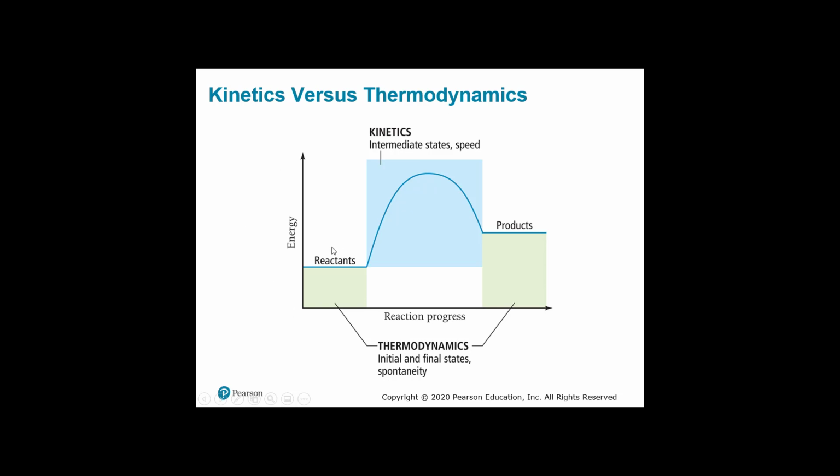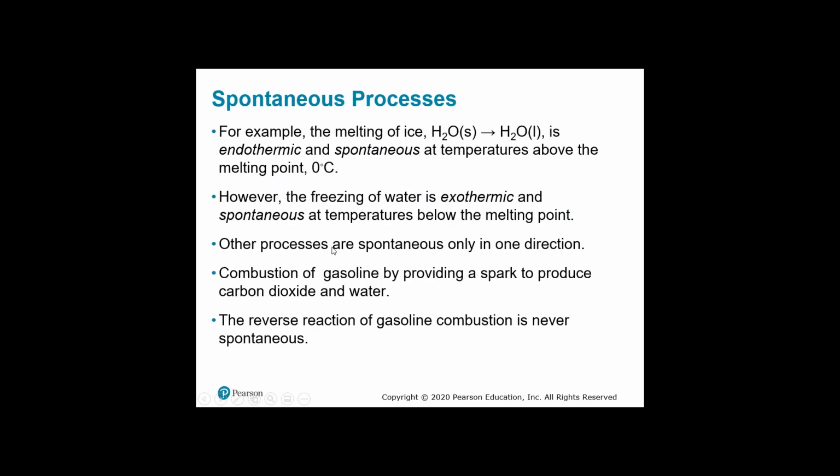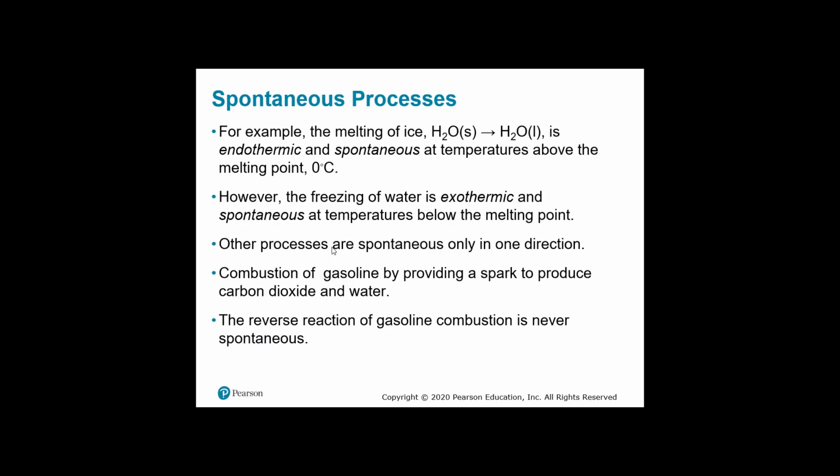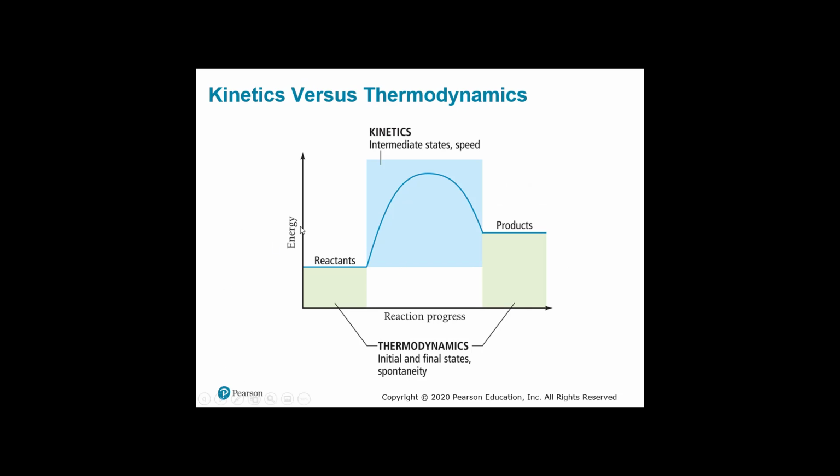Remember, entropy is a state function. We only care about final and initial. So we only care about what the reaction's initial and final states are to determine spontaneity. We're really not trying to involve ourselves with the kinetics at all. We cannot determine how fast a reaction occurs. We can just determine entropy. That's it.